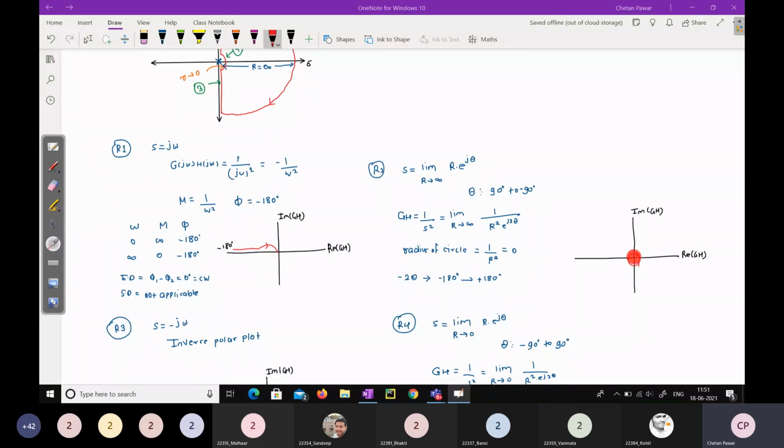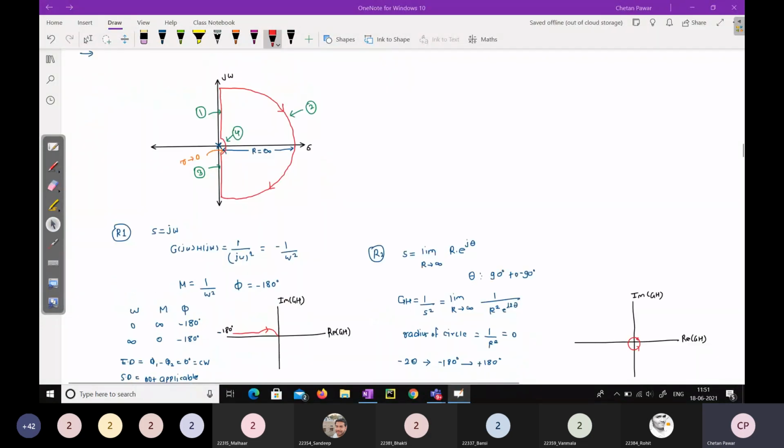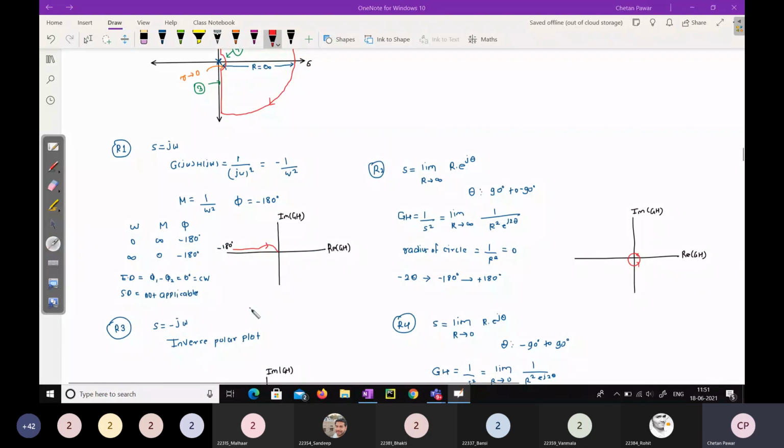You will not see this circle in a Nyquist plot because it is a very small circle. So we will also neglect this circle because it has the radius 0. So when we map this infinite radius semicircle using the open loop transfer function, we get a circle at origin with radius 0. We can neglect that part.